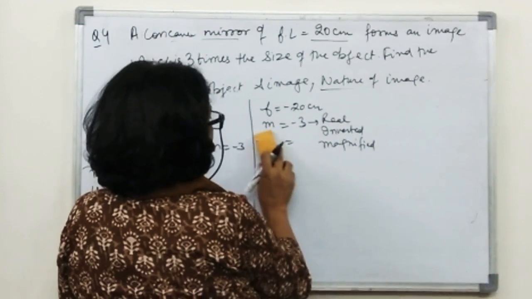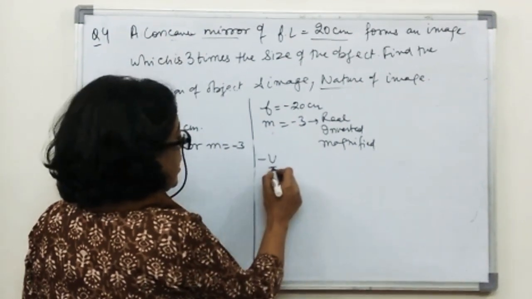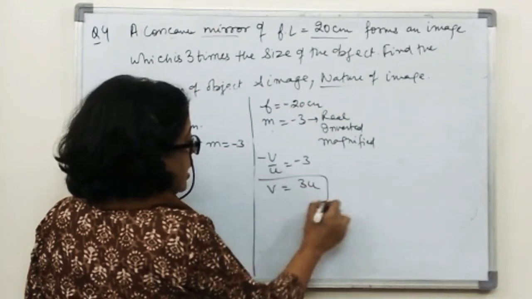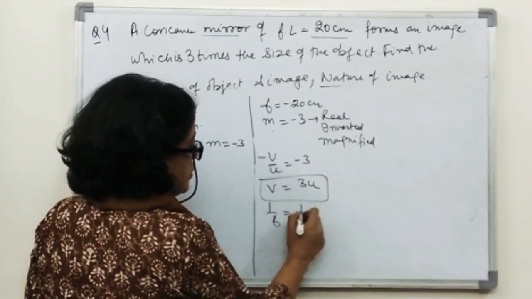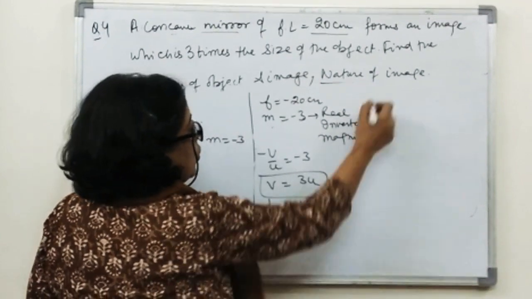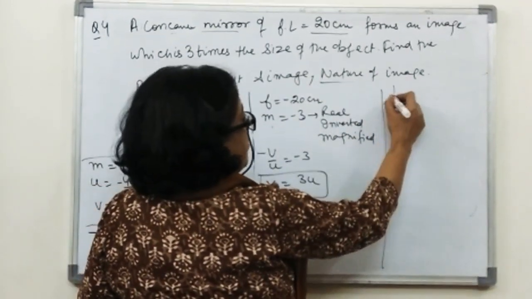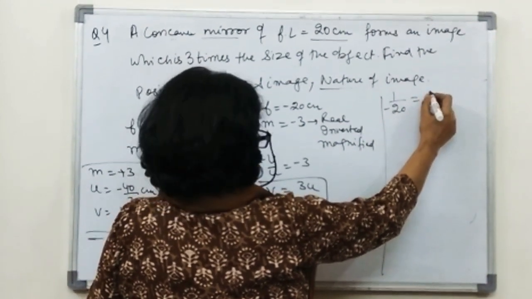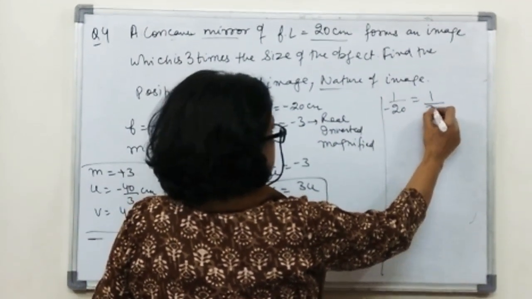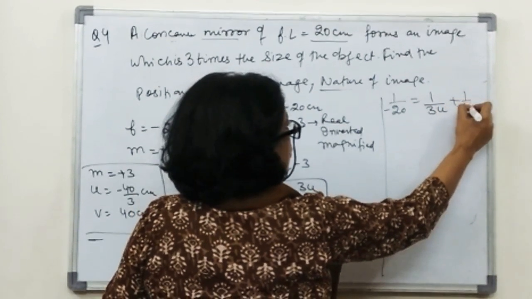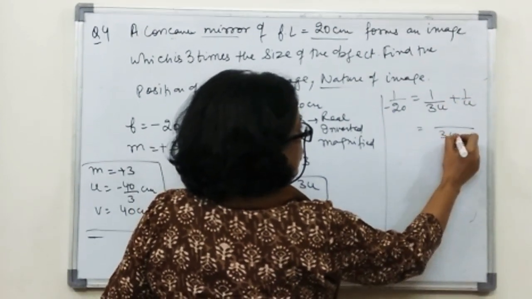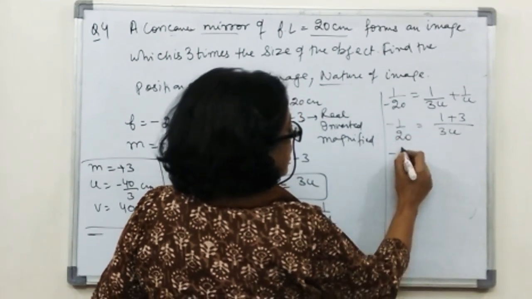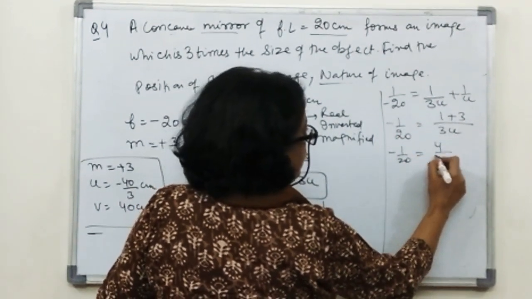Okay, so that means we have minus V by U is equal to minus 3. That means V is equal to 3U in this case. And I'll put it in the mirror formula. 1 by F is 1 by V plus 1 by U. So 1 by F is minus 1 by 20, and this is 3U plus U, so 1 plus 3 by 3U, which is 4 by 3U.